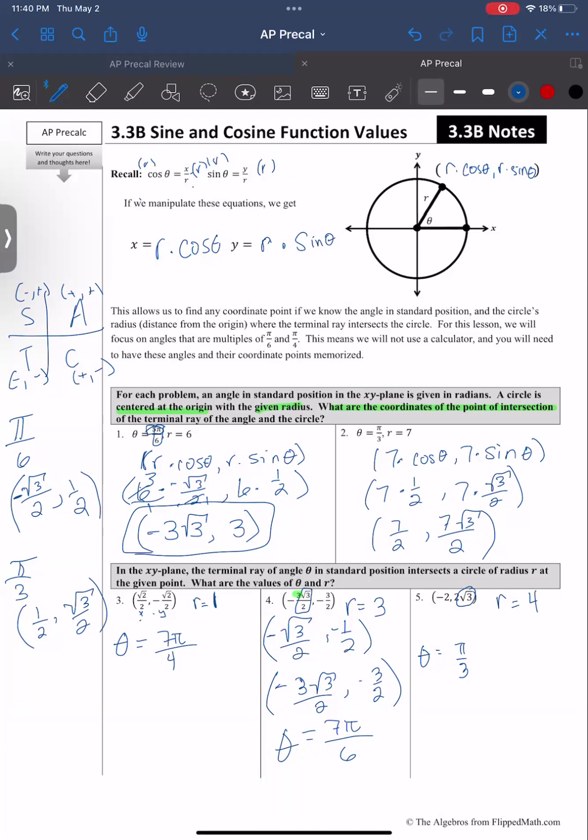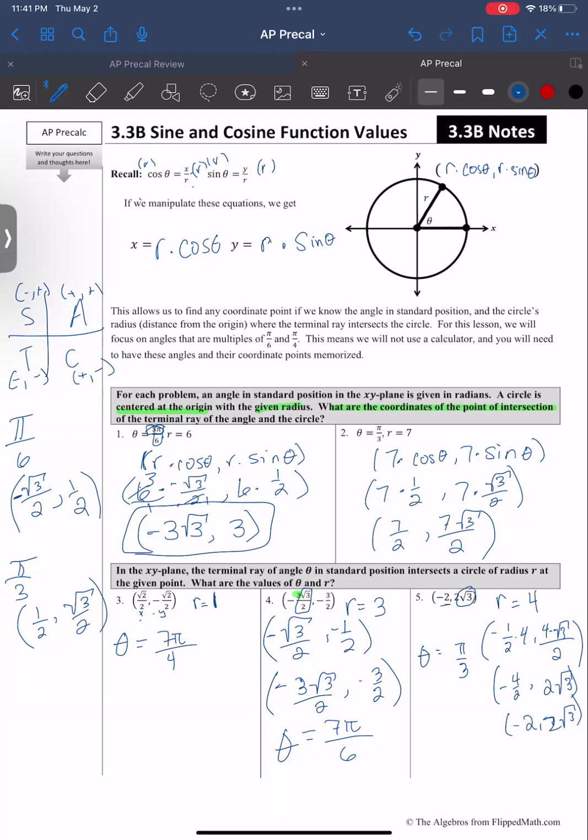Because if I had negative 1/2 times 4, comma, 4 times square root of 3 over 2, what I would get is negative 4/2, comma, 2 square root of 3. And then that will be simplified to negative 2 comma 2 square root of 3.